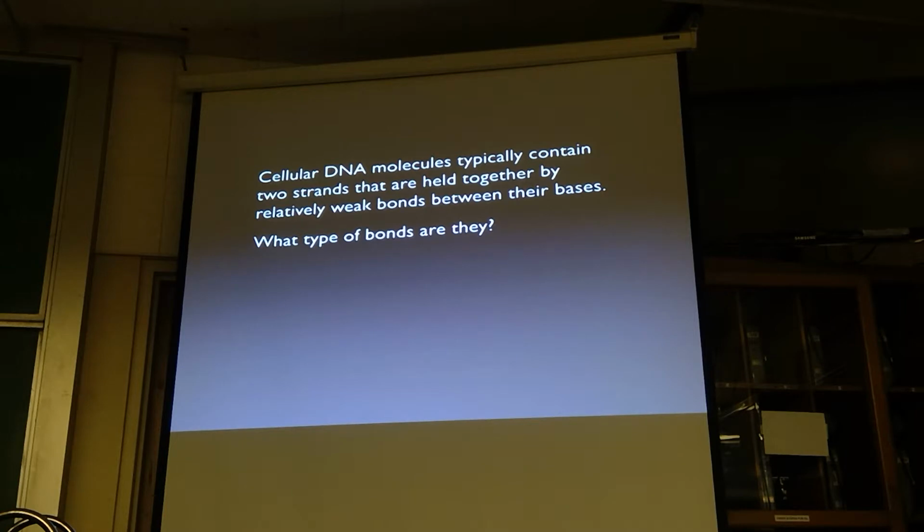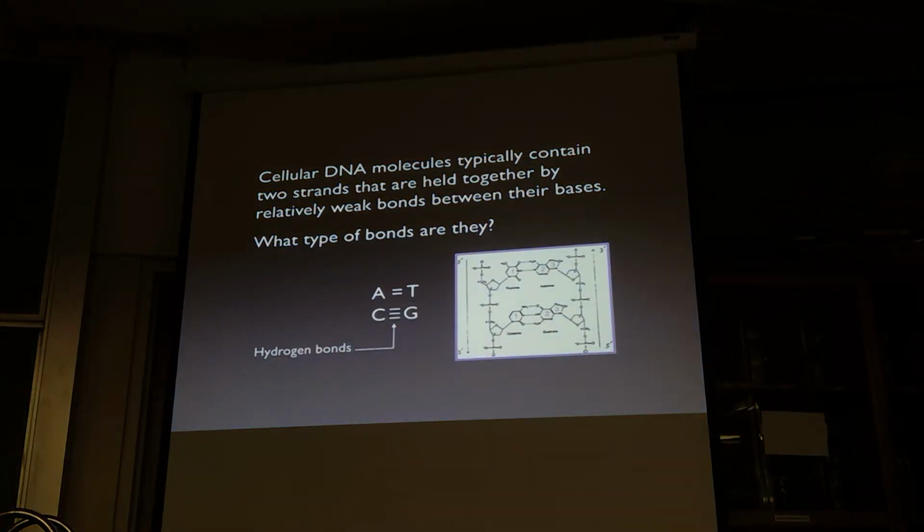These 2 strands are held together by relatively weak bonds. What kind of bonds? Hydrogen bonds. And hydrogen bonds are occurring between the bases. This diagrammatic representation shows you how many hydrogen bonds. So that doesn't mean A equals T. It means between adenine and thymine there are 2 hydrogen bonds. Between cytosine and guanine there are 3. So it's different numbers of bonds.